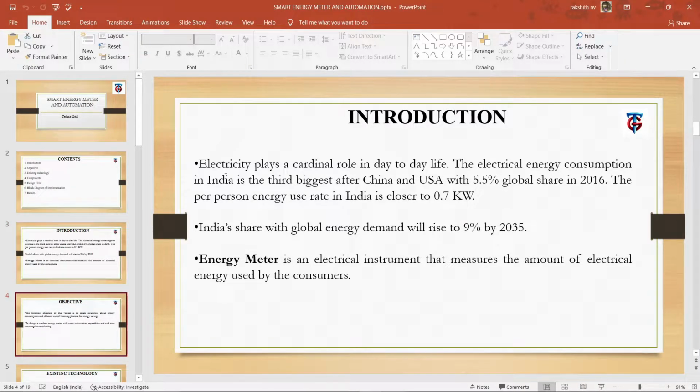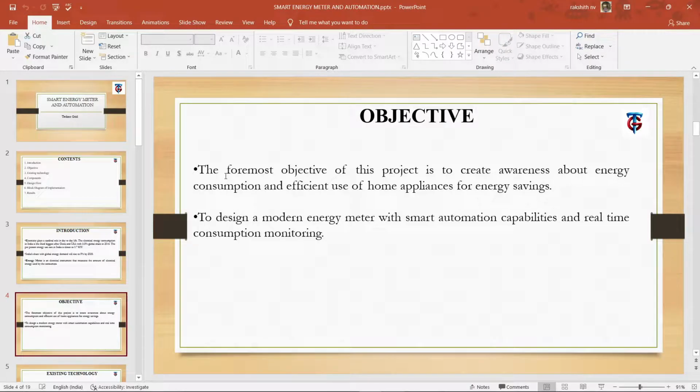Now coming to the objective of our project, the foremost objective of this project is to create awareness about energy consumption and efficient use of home appliances for energy savings, and to design a modern energy meter with automation capabilities and real-time consumption monitoring.